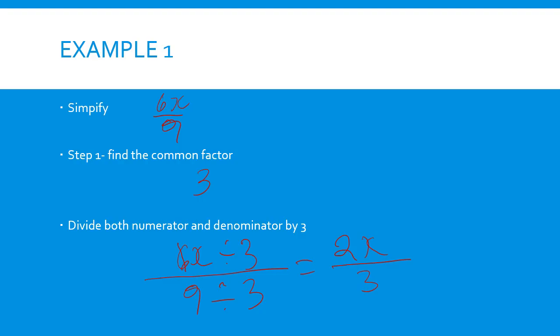I think so too. So let's try a second example. We are going to simplify 8x squared over 4x. Looking at this, you ask yourself, what's the common factor? What can go into both numerator and denominator?